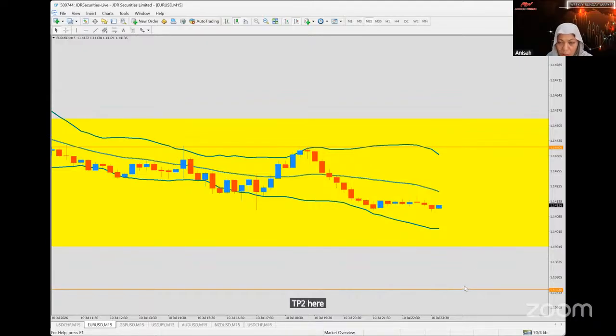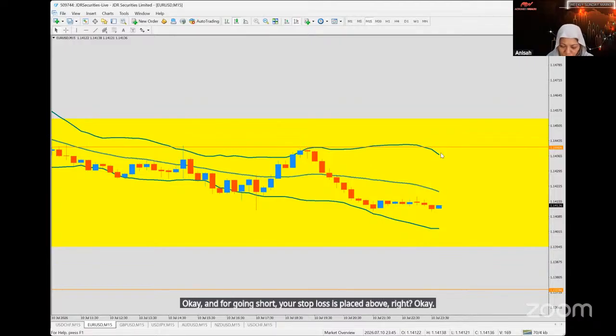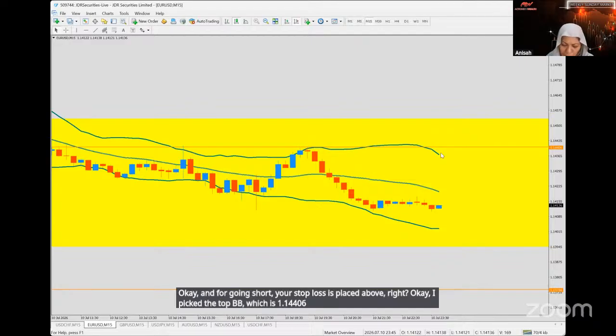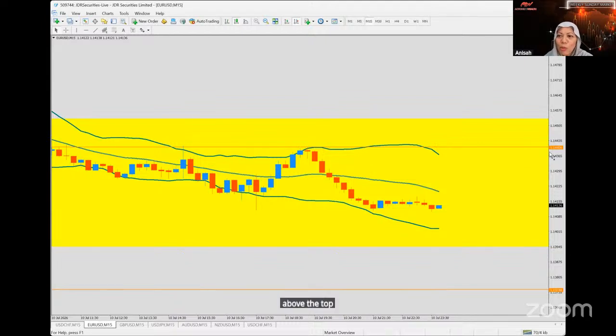And for going short, your stop loss is placed above. I picked the top BB, which is 1.14406. You don't want to set exactly at the top of BB, so I want to place it above the top BB. So that is my outlook for euro dollar.